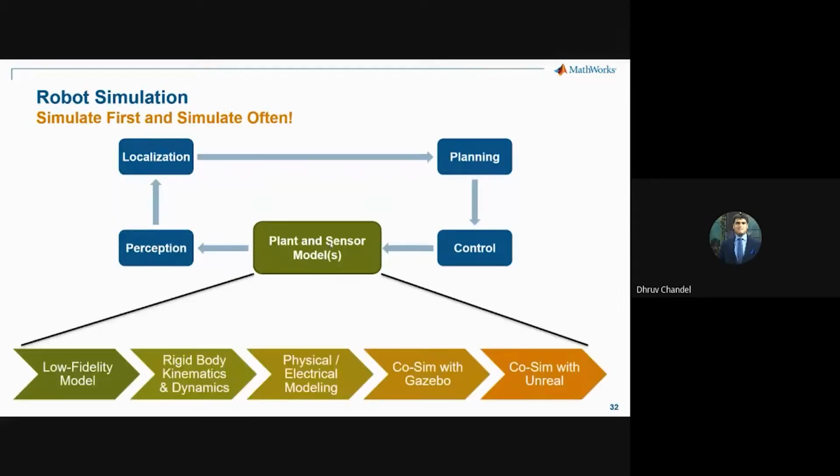And let me just tell you what the steps are. We won't have time to cover everything today, but we've done most of it already. Inside the robotics loop, where you have the plant and sensor models, you can start off with a low fidelity model, which is just like that 2D thing crawling around on the screen.